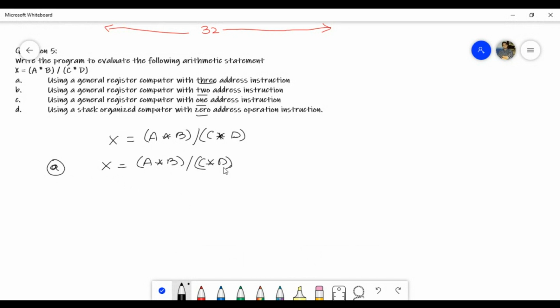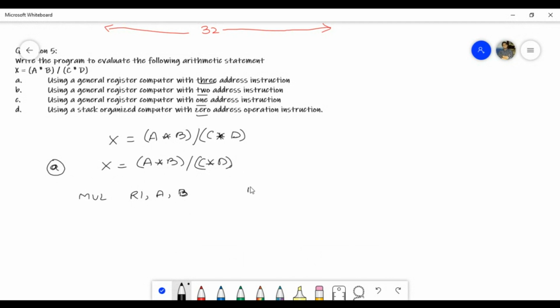When you write a cross b by c cross d, the first operation I am performing is multiplying a cross b, that means r1, a, b. I am multiplying a and b and storing the result in r1.